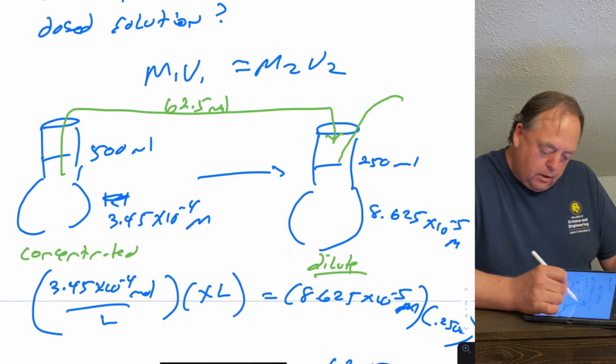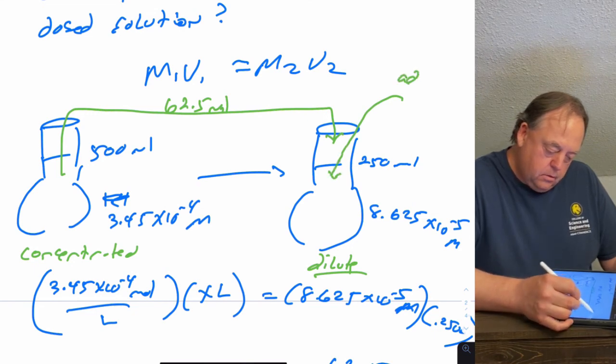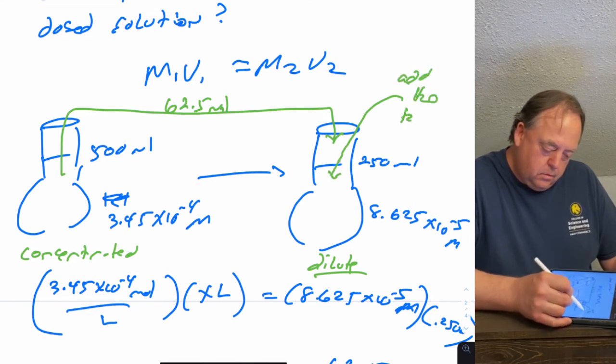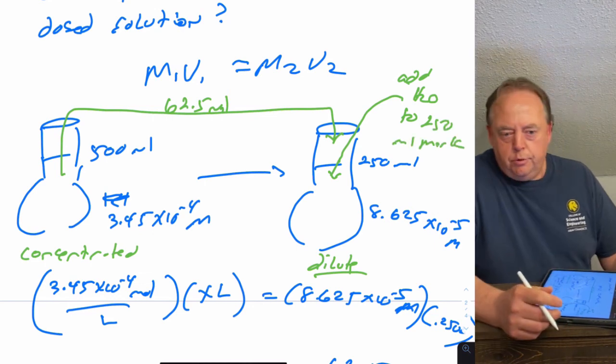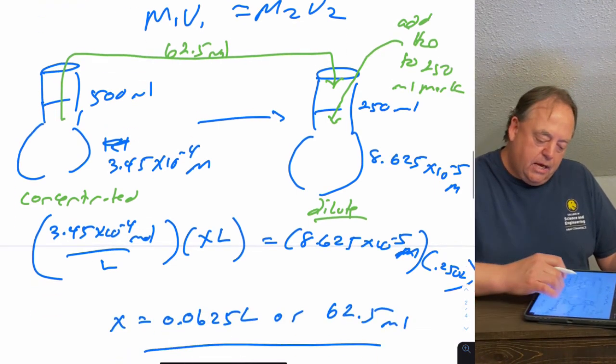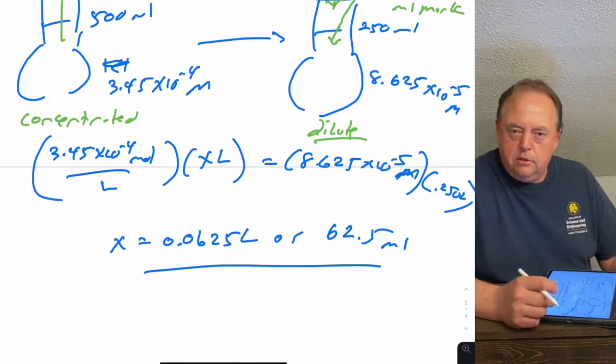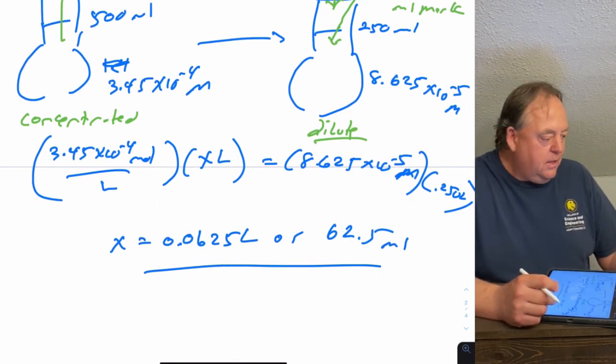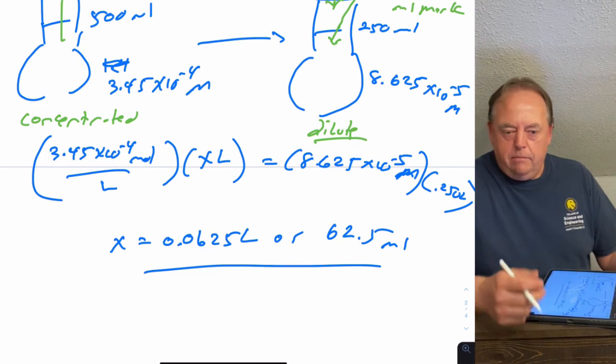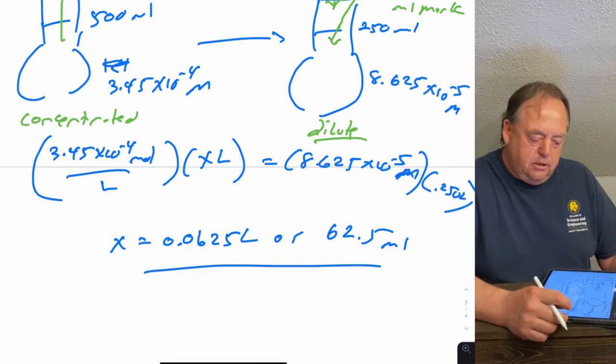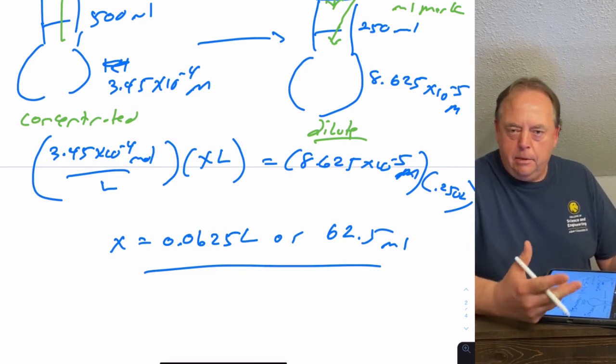And then add water to the 250 mL mark, and you would have 8.625 times 10 to the minus 5 molar solution, which you could transfer to an IV bag and then administer to a patient, to a child, and that would be a much lower dosage.